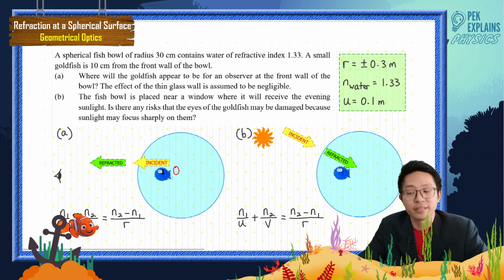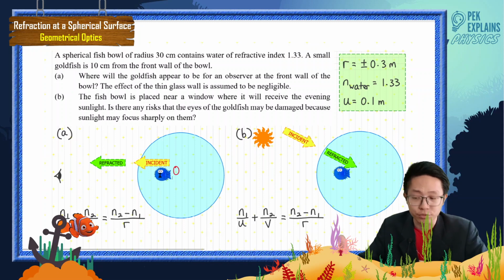So this time the fish is inside the water, and the observer, of course, is outside the aquarium, looking at the fish, isn't it? How will the goldfish appear to the observer outside of the aquarium? The observer cannot be inside the aquarium with the fish outside. Use your common sense. So you see, there is a difference between this question and the previous question.